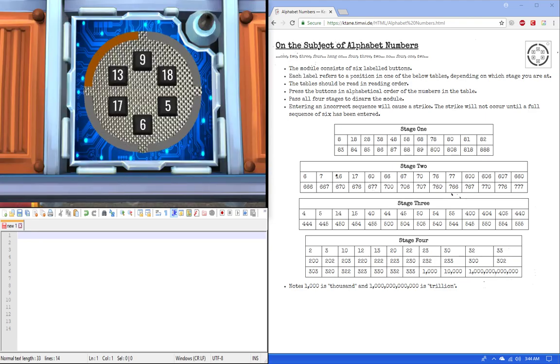So, we have 9, 13, 18, 17, 5, and 6. So for 9, 11, 10, 9, it's going to be 80. Then for 13, 11, 12, 13 is going to be 84.